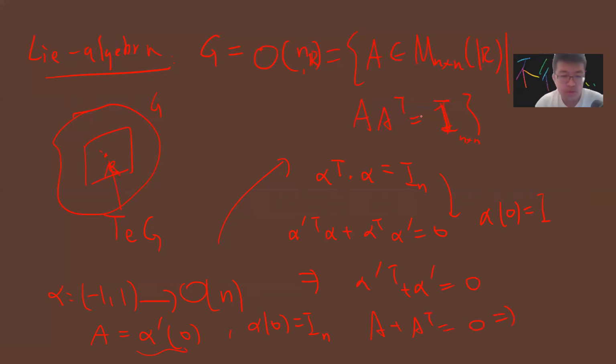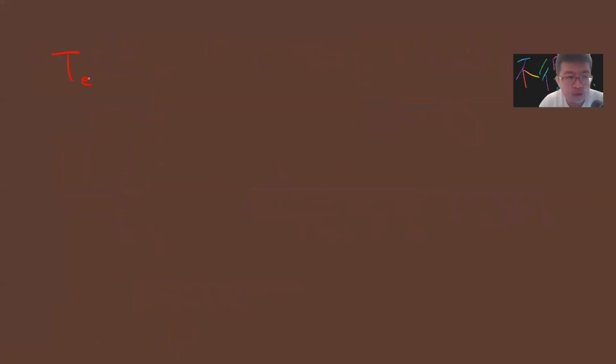Lie algebra, right? So you can view the tangent space of the orthogonal group as all the matrices, let's say all the n by n matrices with real entries such that A plus A transpose is 0.